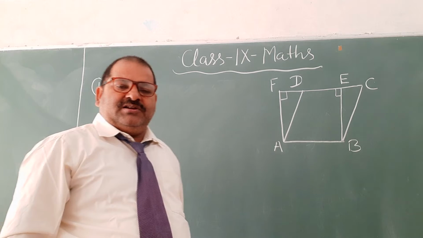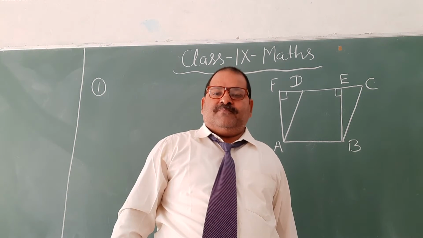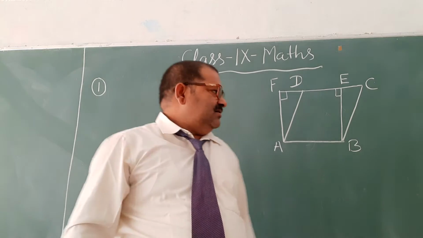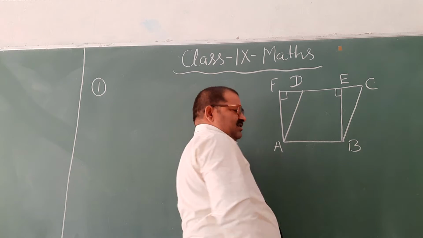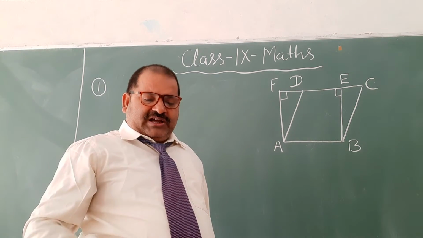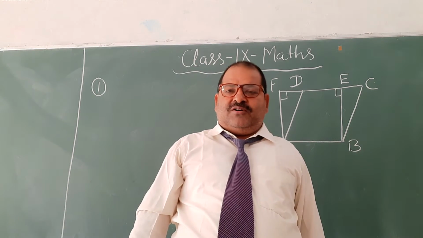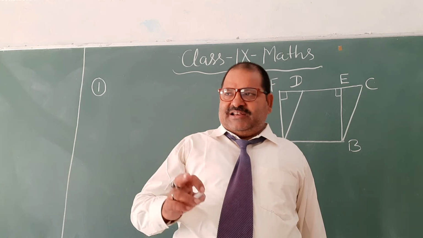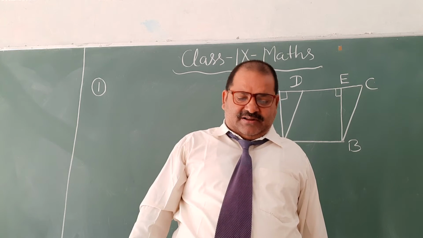ABCD is a parallelogram and ABEF is a rectangle. Now show that the perimeter of the parallelogram is greater than the perimeter of the rectangle.